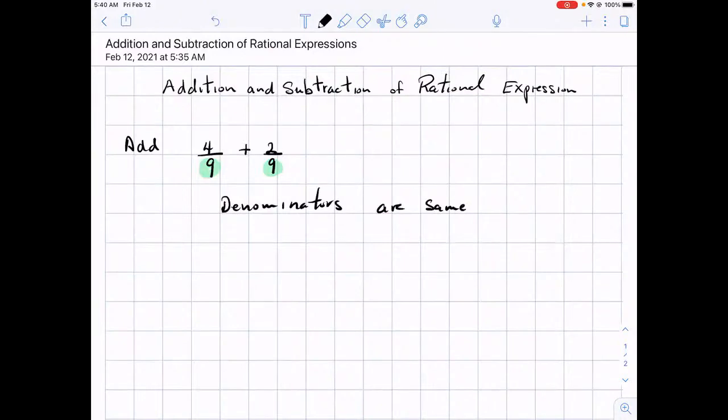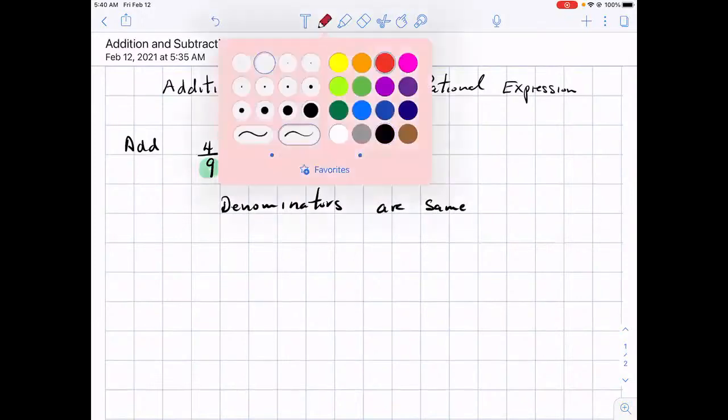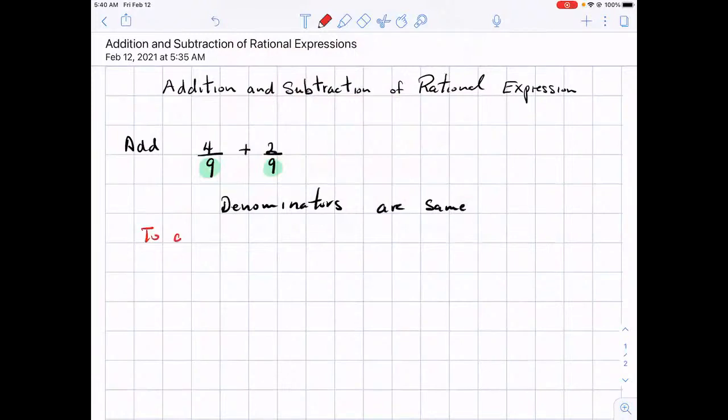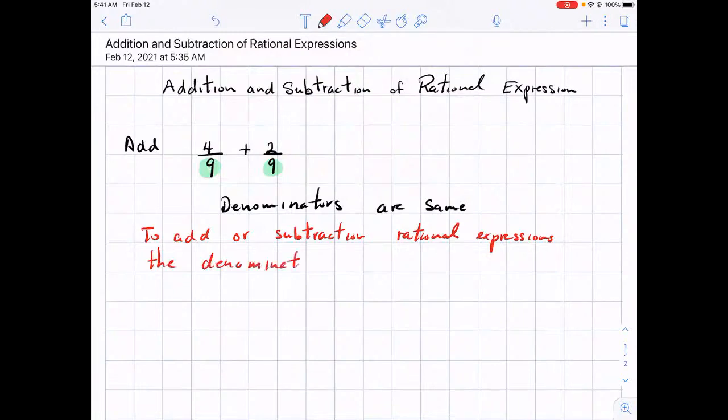Anytime you add or subtract rational expressions, the denominators must be the same. So it is very important that to add or subtract rational expressions, the denominators must be the same.